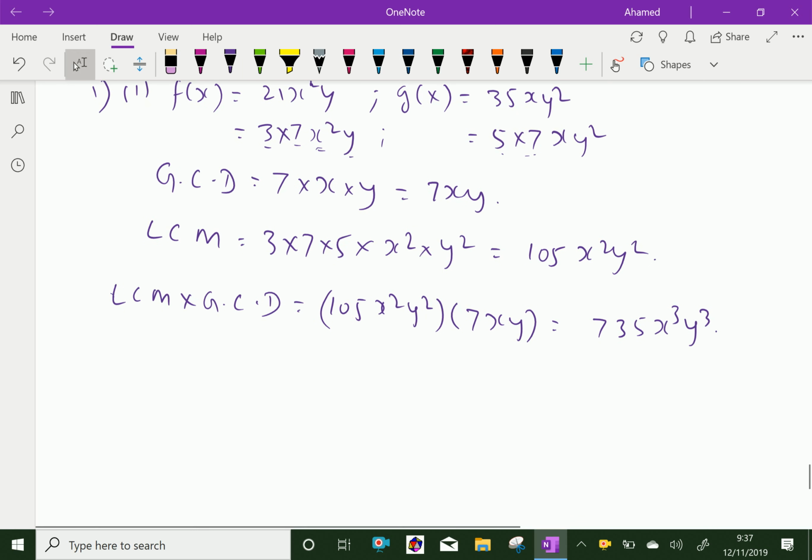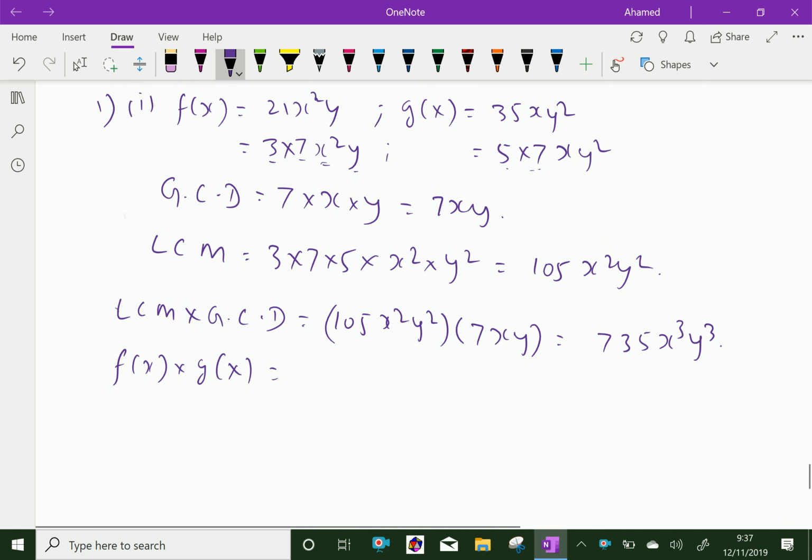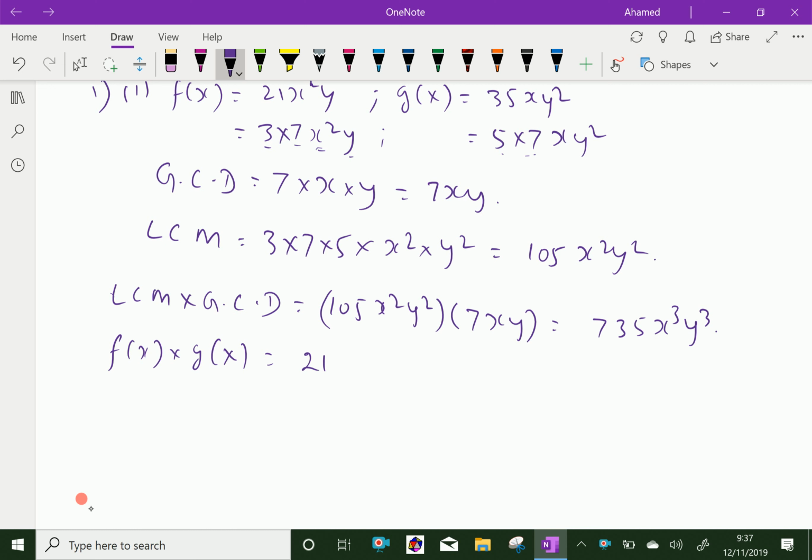Now let us check f of x into g of x. Here f of x is 21 x square y, and g of x is 35 x y square, which is equal to 21 into 35 is 735, and here x square into x is x cube, y into y square is y cube.